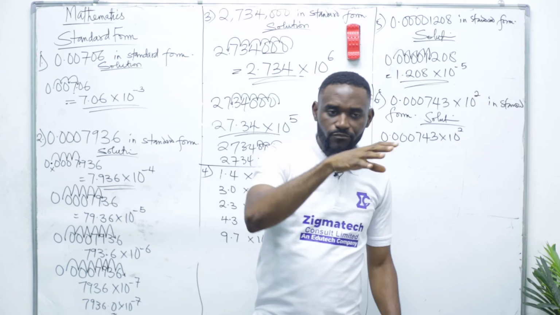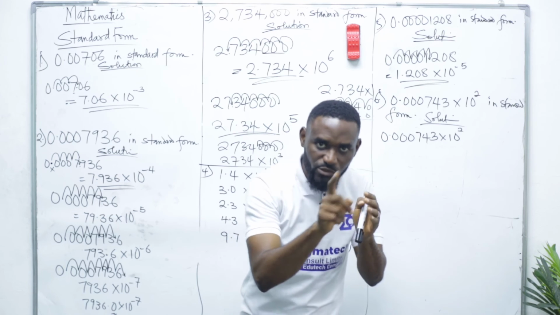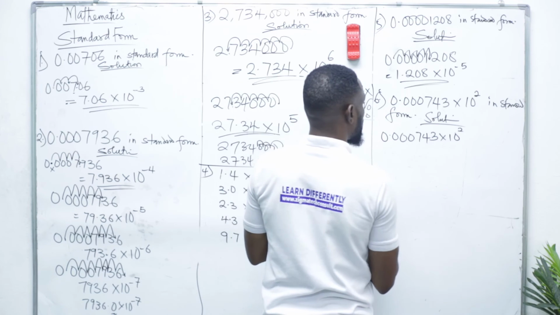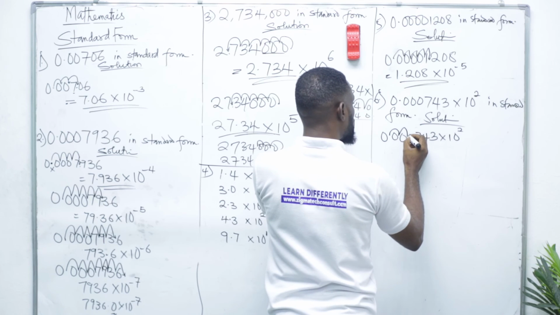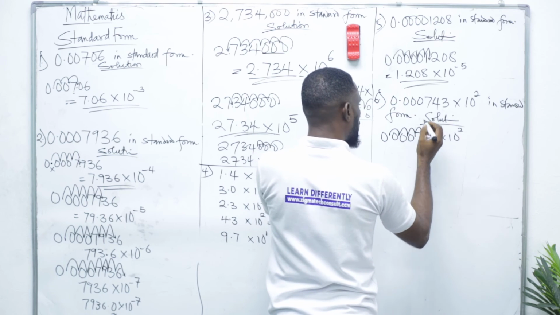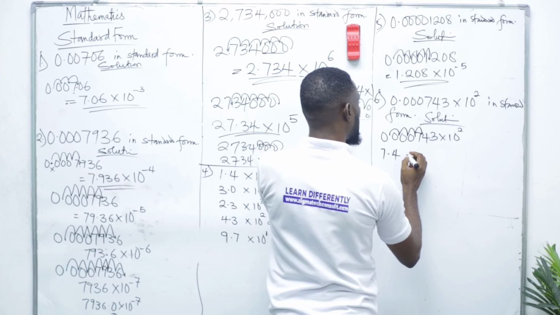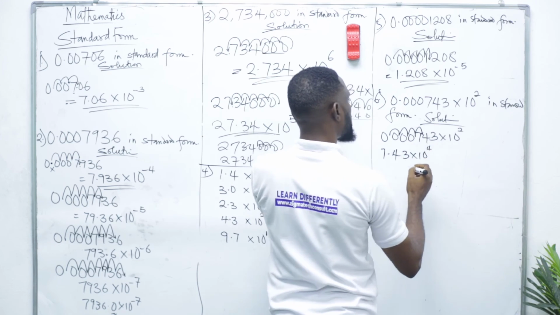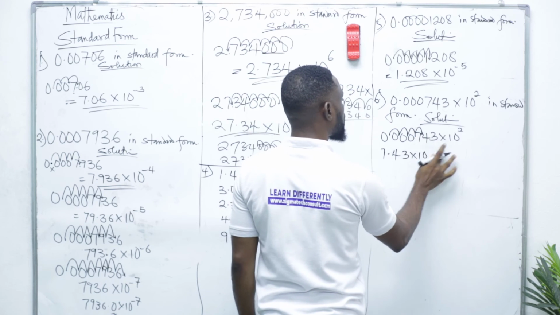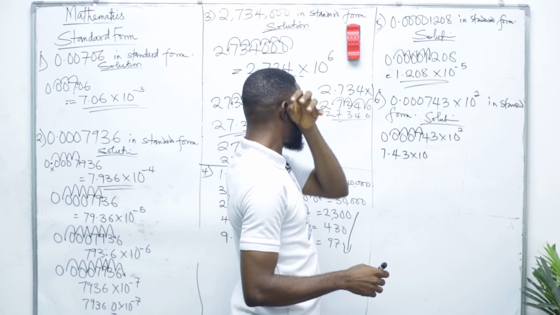So what we need to do is to, first of all, convert that first number to standard form. This means 1, 2, 3, 4. So this will be 7.43 times 10 raised to power 4.